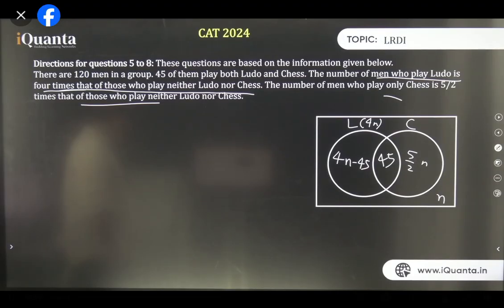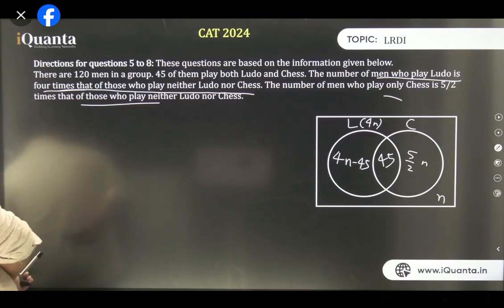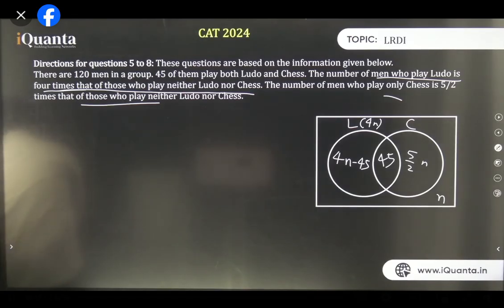Now our calculation becomes very easy because we don't have any other variables except n. There is an issue with the screen. Just a minute. Is it still flickering? Just a minute. Let me call the tech person.